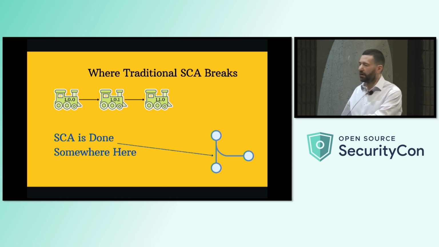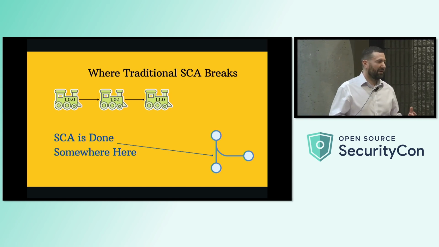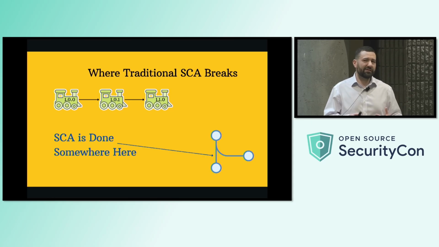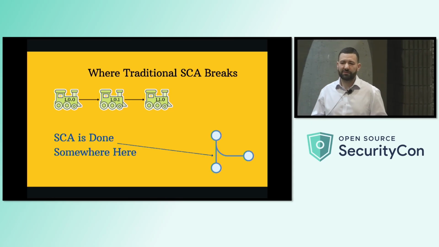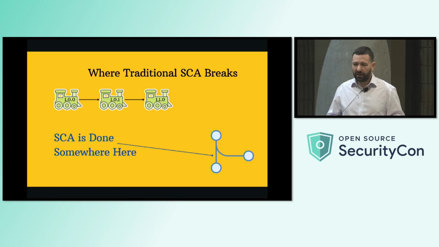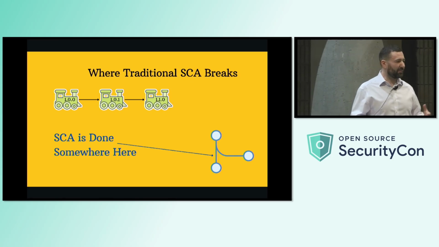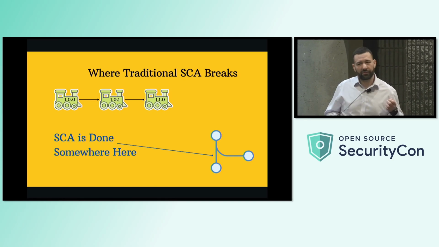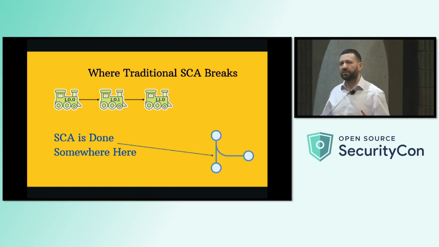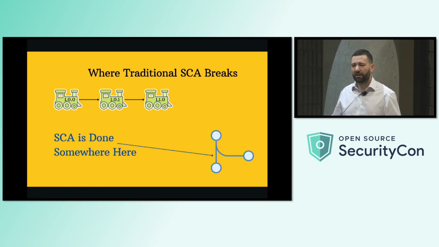And then you have some Git repository. At some point in this Git repository, SCA happens, and it happens usually every 6 months, every 3 months, every 1 month. The problem here is that those two things are frequently disconnected.